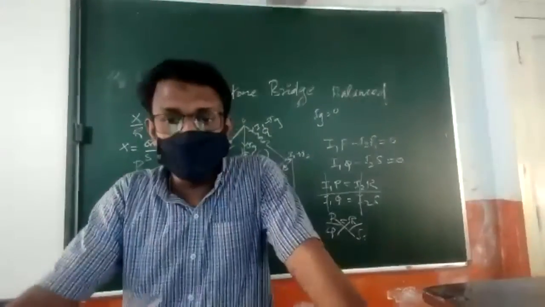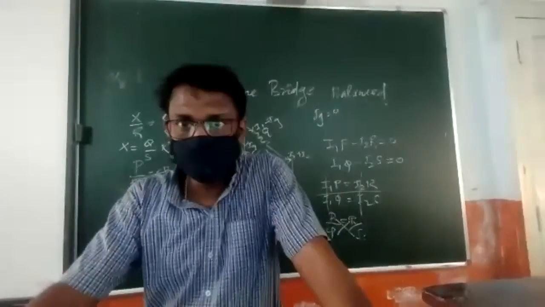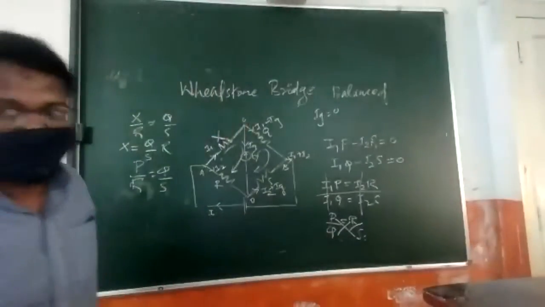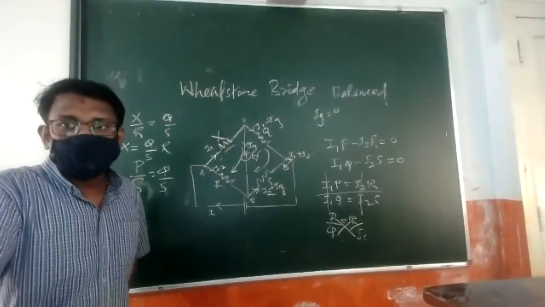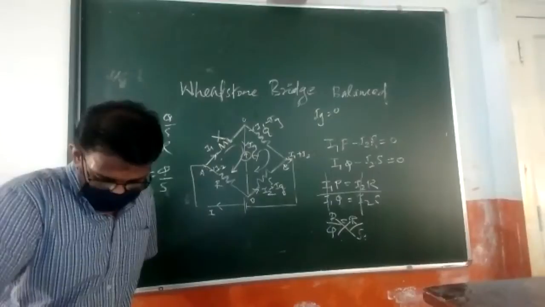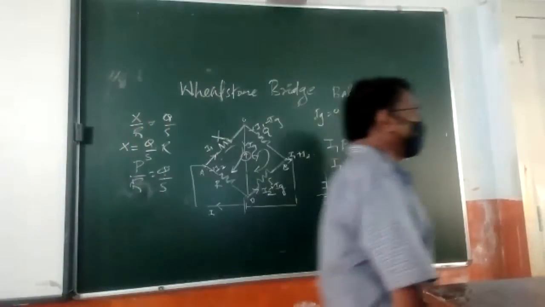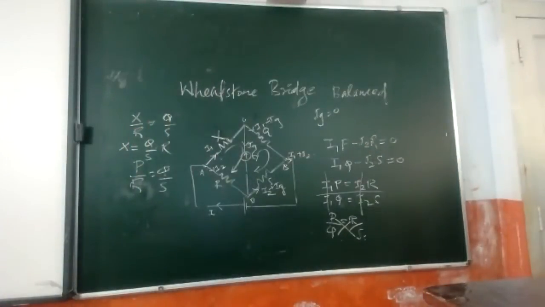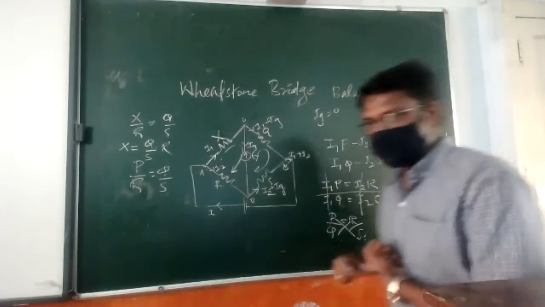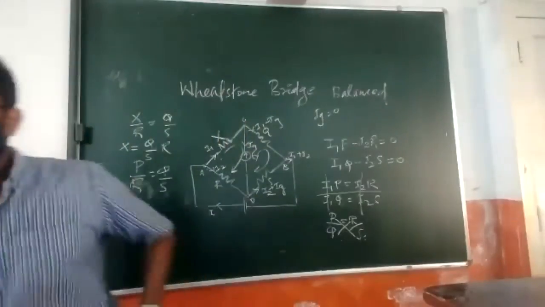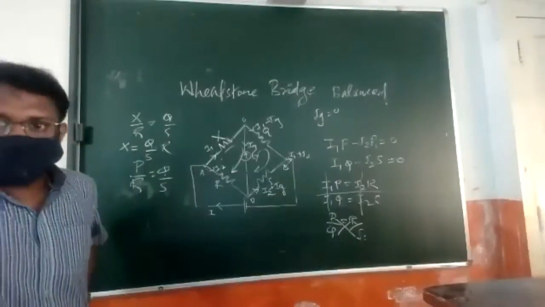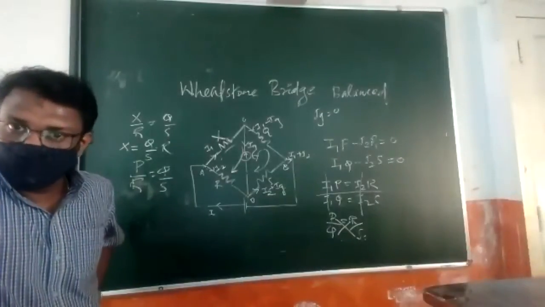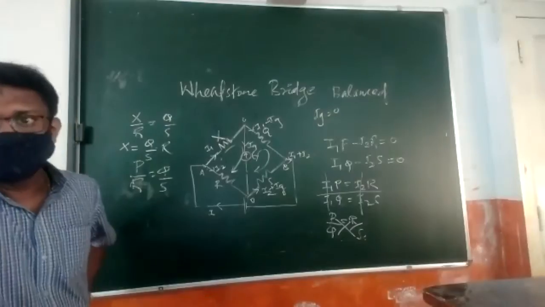Just go through, and if you find any issue that you can ask, just go through the definition. The Wheatstone bridge arrangement is very important in the sense it has theoretical importance as well as practical importance.